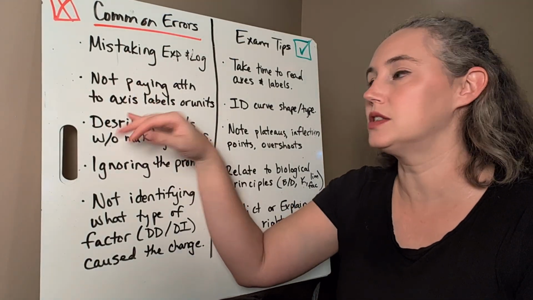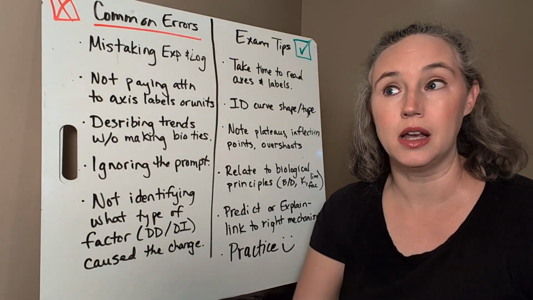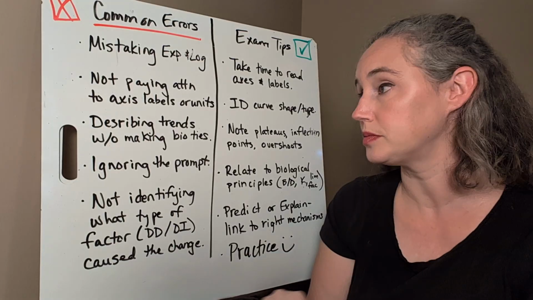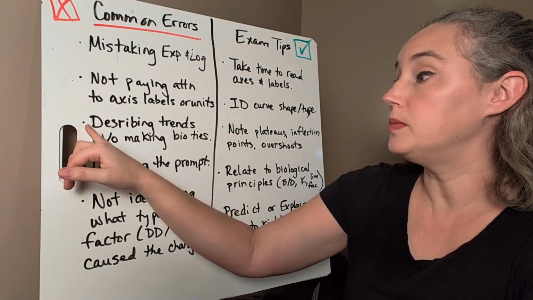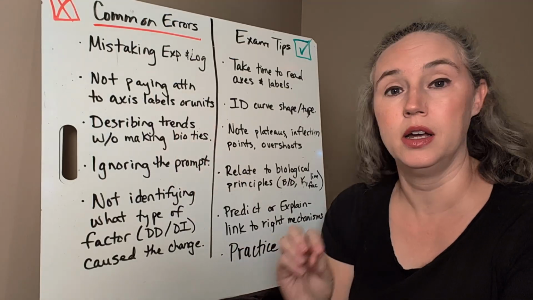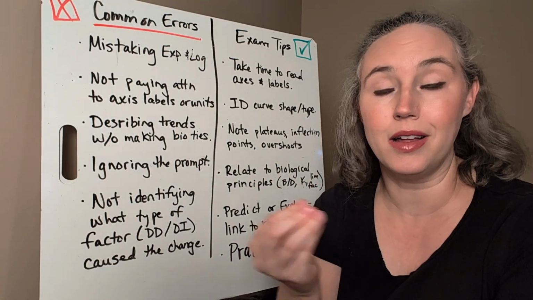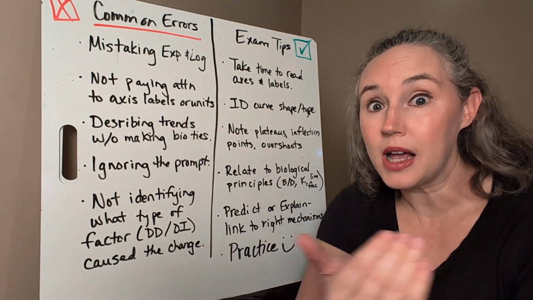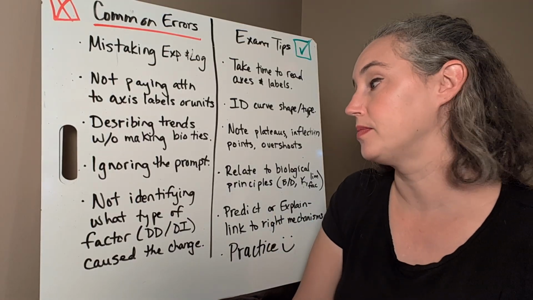Then, not paying attention to axis labels or units, because again, not every axis is population and time. Some are, but not all. Students often will describe trends like the population is increasing, but without making any biological ties to what is happening in the environment or the ecosystem that allows that increase to happen.